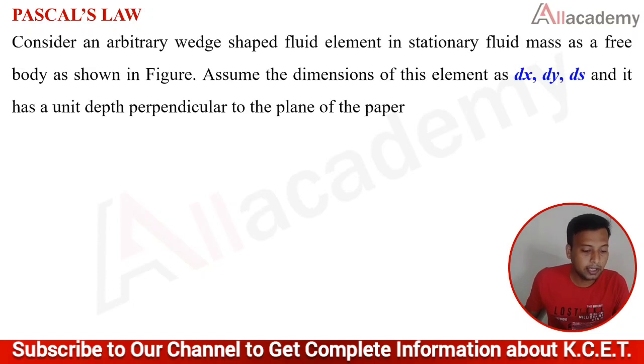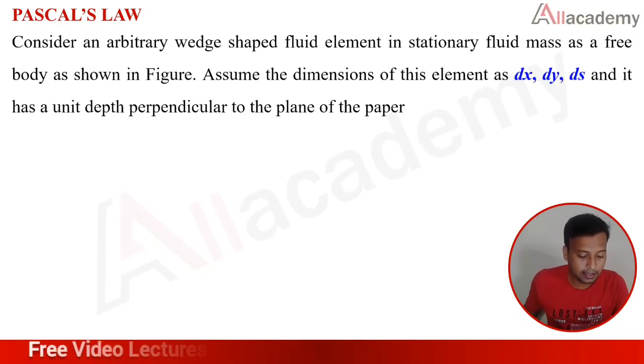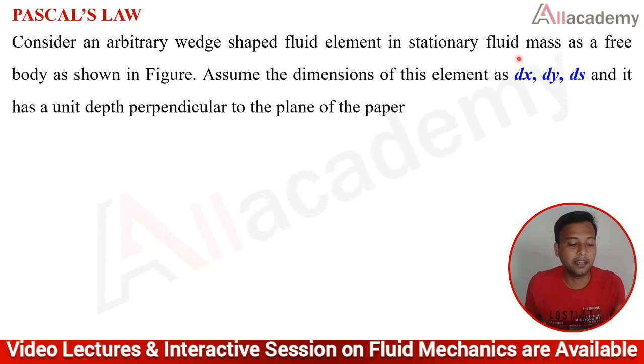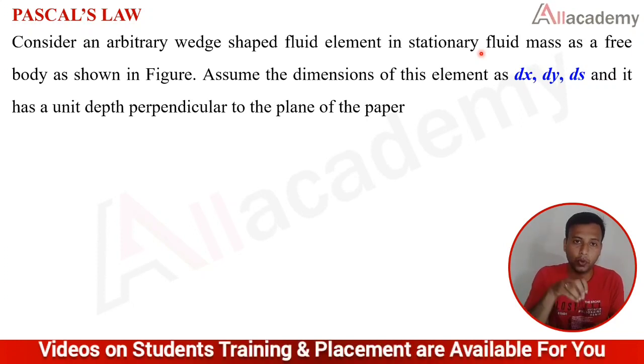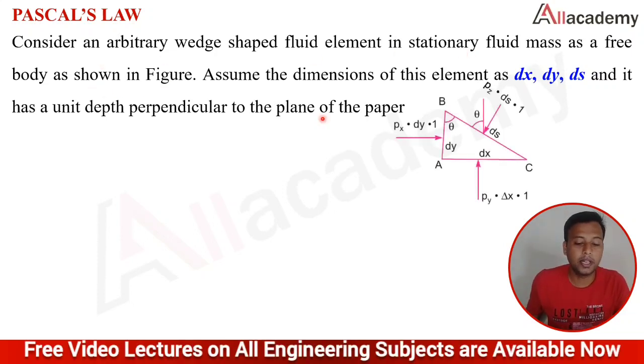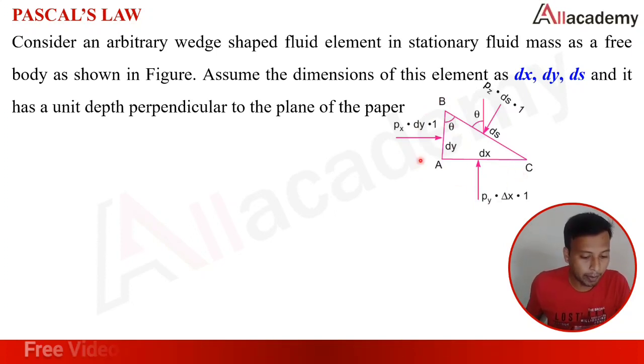For this, let us consider an arbitrary wedge shaped fluid element in a stationary fluid mass, means a fluid which is at rest. Now this is considered as a free body. Here you can see this is a wedge shaped fluid element.